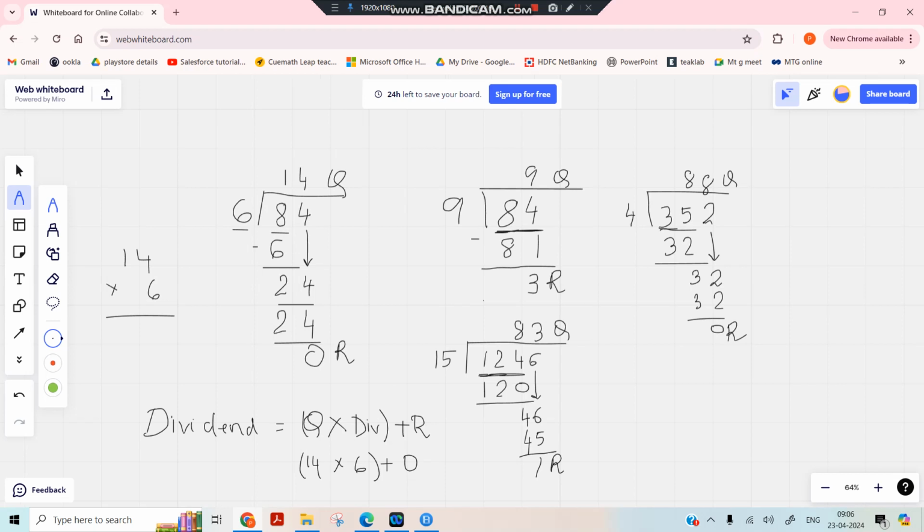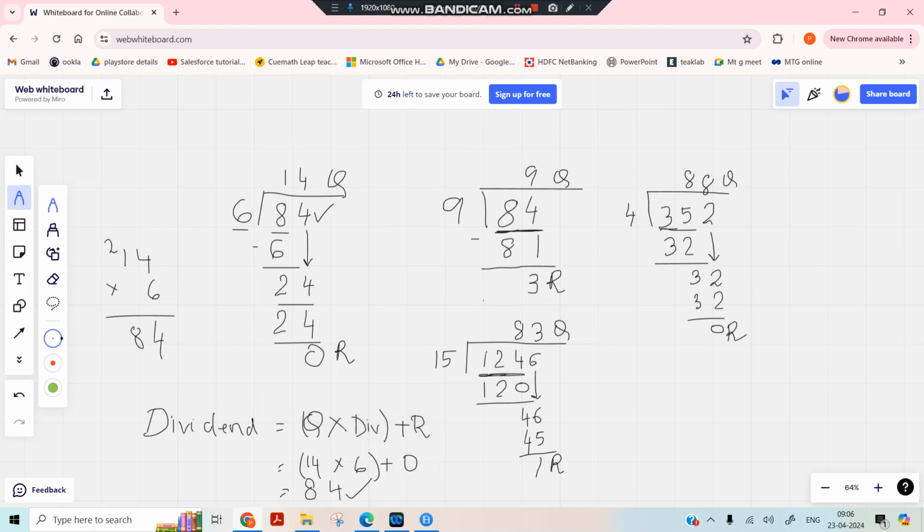If you know the table of 14, fantastic. If you don't know the table of 14, let's do it. 6 times 4 is 24. Carry 2. 6 1 is 6 and 2 8. So are you getting back your dividend? Yes, matches. That means your division is correct.